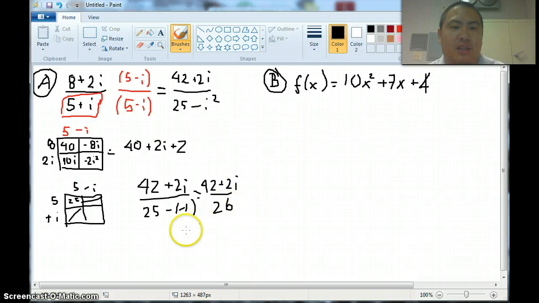Great, so here's what I can do now, and this is how the book actually does the answer. You can say 42 over 26 plus 2i over 26, and that's the same thing.